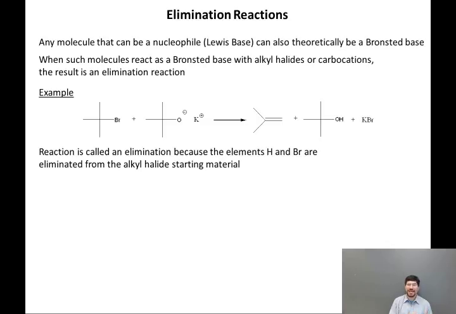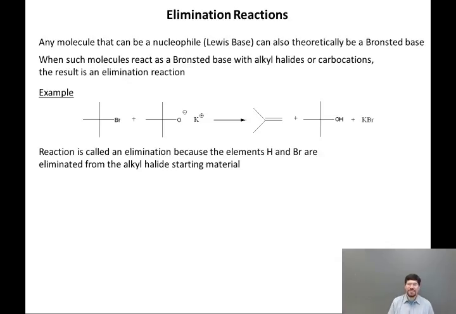And the organic product that you get from the alkyl halide is now an alkene. You notice it still has 4 carbons, but now 2 of those carbons are linked together with a carbon-carbon double bond. And the bromine, of course, is gone.